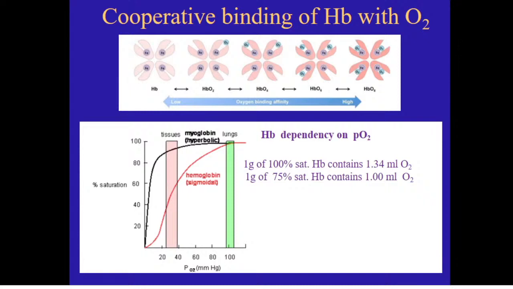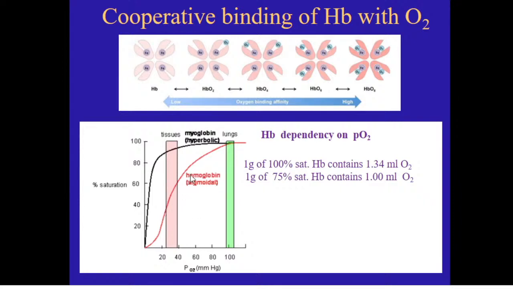The curve of hemoglobin is sigmoid due to the cooperative effect. When partial pressure is low, like in tissues, hemoglobin is not completely saturated. It means that oxygen that was taken from the lungs can now diffuse to the tissues.